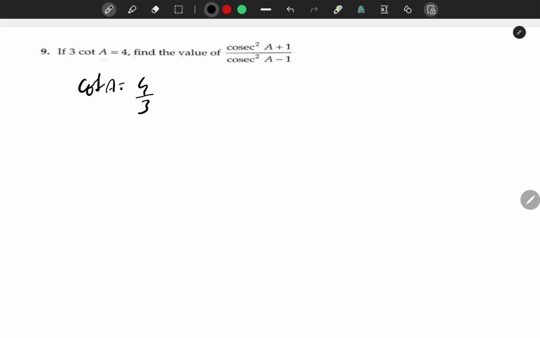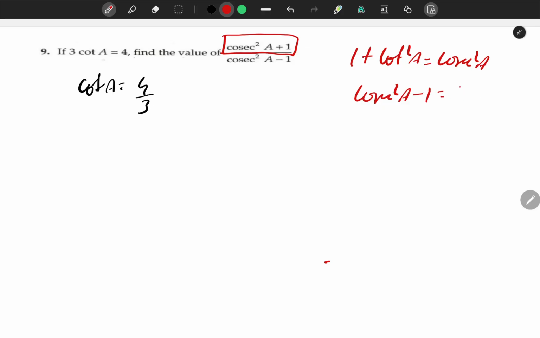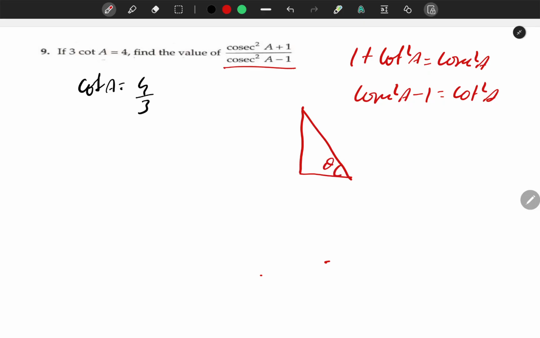Cot A is equal to 4 by 3. So by using the formula 1 plus cot square A is equal to cosecant square A, cosecant square minus 1 can be written as cot square A. Let us draw a right angle triangle with angle theta.